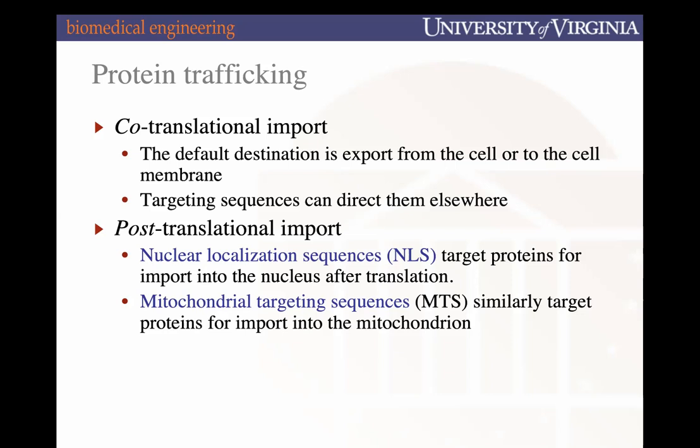But that means they need to be moving up a concentration gradient, so they're going to need assistance. They're going to leverage another protein's concentration gradient that serves as a carrier to help them get there.